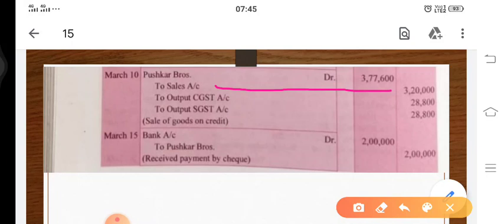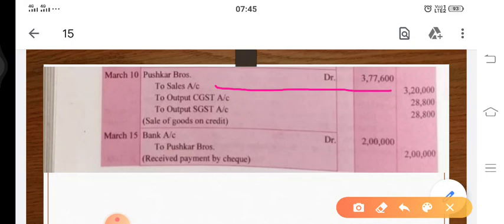Now at the same time, do remember that GST we are collecting on behalf of government. So since GST is collected on behalf of government, that is a liability because we are collecting it and we have to pay it to the government.